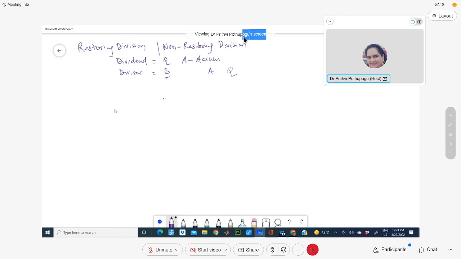Let me explain with a flowchart sort of thing. Say you have some 4-bit magnitude dividend and divisor. Take one extra bit in the accumulator to indicate sign.